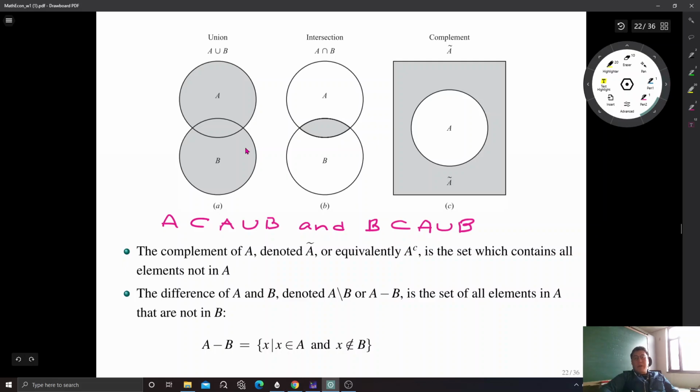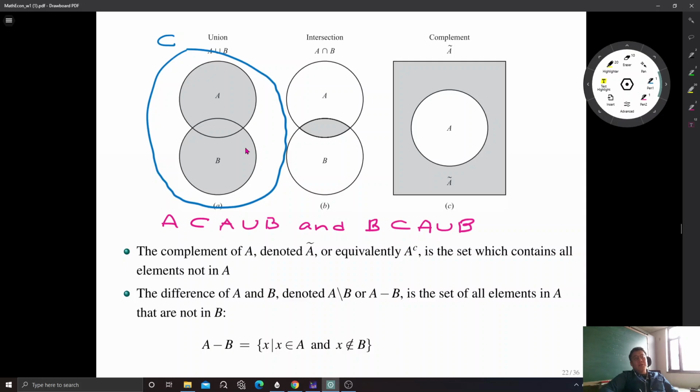For example, we can think of another set, let me call this C. C also includes set A and includes set B, so it includes both sets. But the union of A and B is the smallest set including both sets.